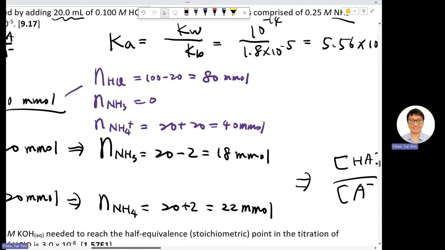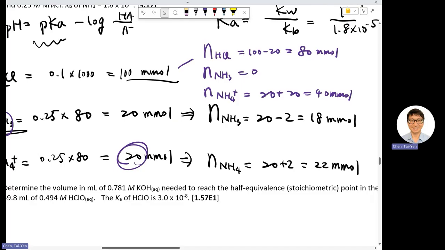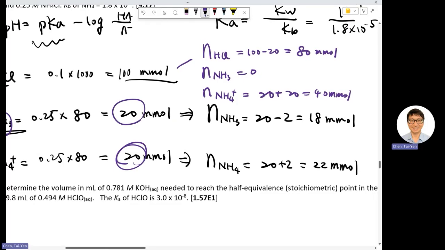So right now you have a strong acid and a weak acid coexisting inside your solution. NH4 originally has 20 millimole. The base is also 20 millimole. The base will be consumed by your strong acid, so all your base will be gone.